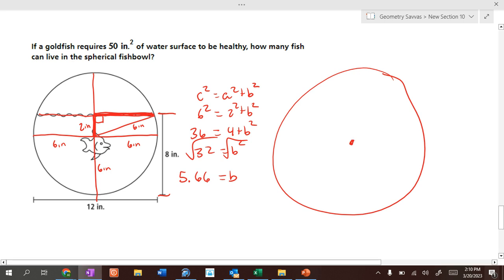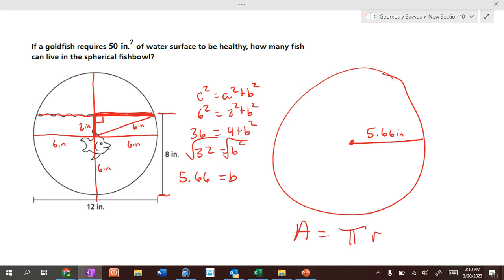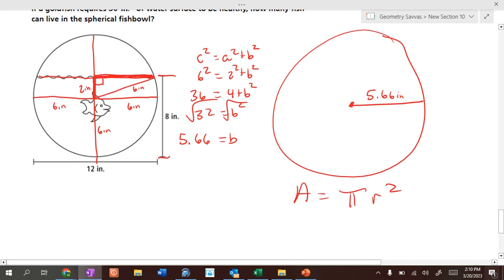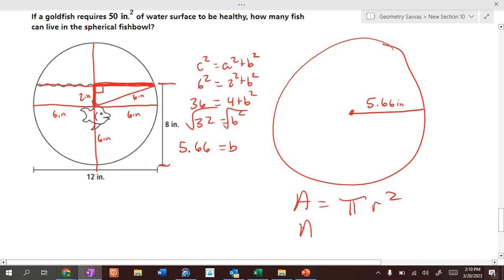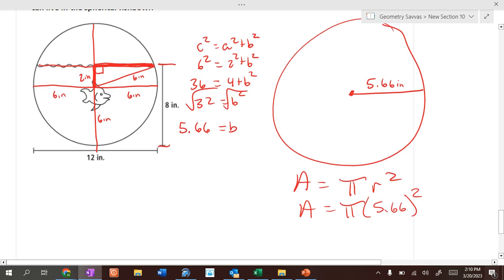Okay? Now I need to find the area of this circle. Because I now know the radius of this circle where the water level is, 5.66 inches. So to find the area of a circle, it's pi r squared. What's the radius? 5.66 squared. Okay?